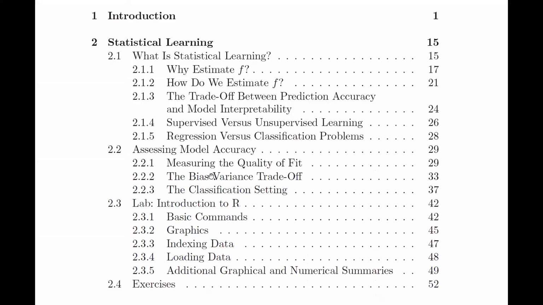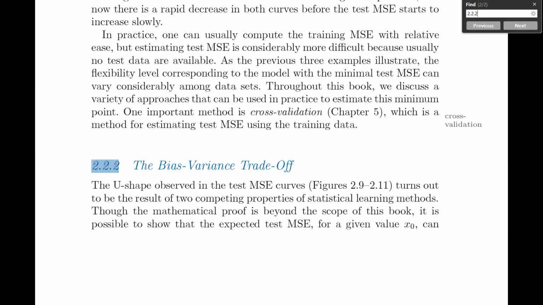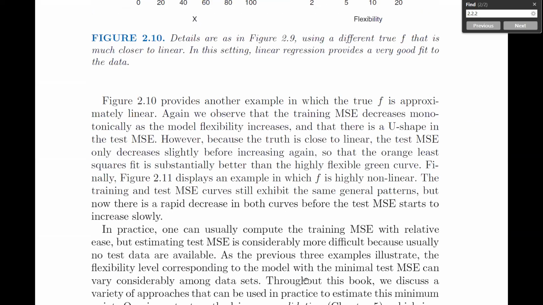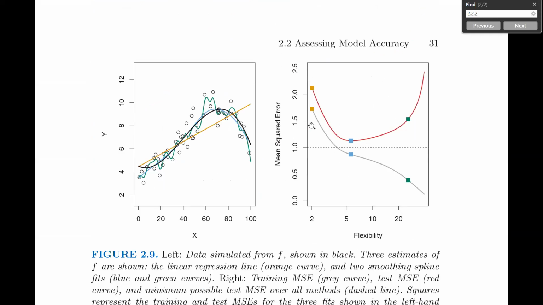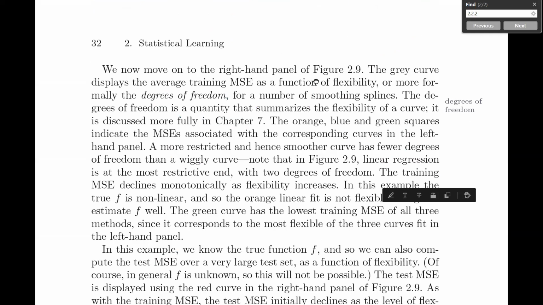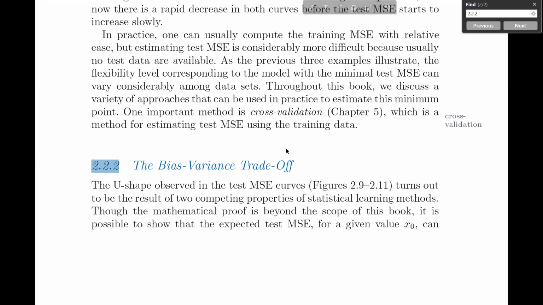This is section 2.2.2. I'd spent a lot of time on this one, I seem to remember. Bias against variance.